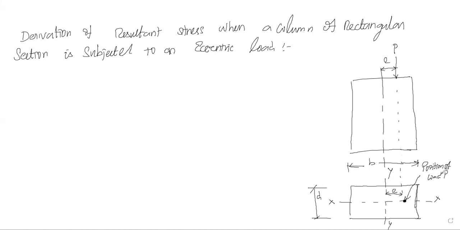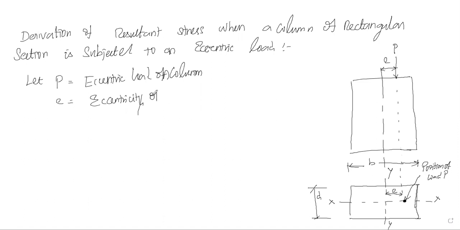Now we have to calculate the stresses. Let P be equal to the eccentric load on the column, E equal to the eccentricity of the load, sigma naught equal to the direct stress, sigma B equal to the bending stress.